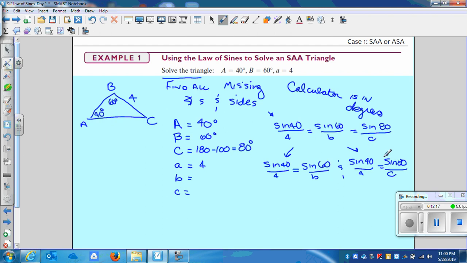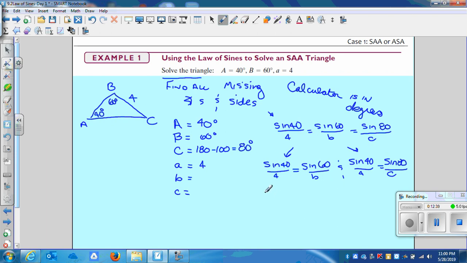Now I have seen lots of examples where people put in the decimals right away for sine 40 and sine 60, but I think it's easier just to round once at the very end of the problem. So I'm going to do some cross multiplication. If I'm solving for b, what I'm doing is multiplying 4 and sine 60, and ultimately I'll divide by sine 40.